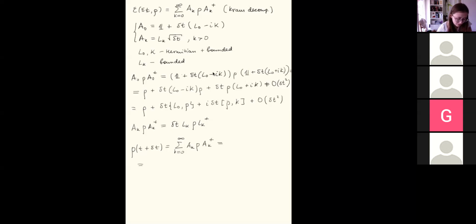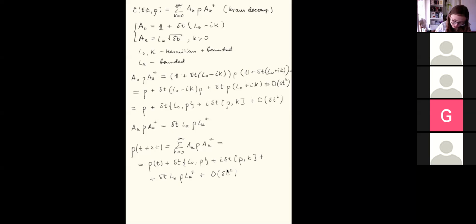Now we just plug in our expressions. So we get rho of T plus delta T equals rho plus delta T L0 rho plus I delta T rho K plus delta T LK rho LK dagger plus our leftover terms of the delta T squared order and higher.